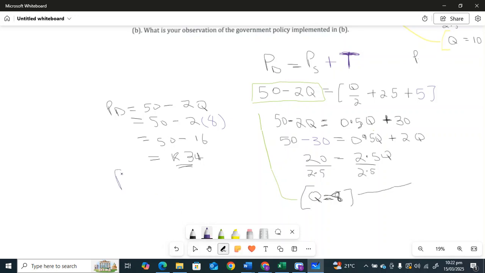Then for the supplier, PS, how much are they receiving? Equals Q over 2 plus 25. Okay, the original supply function. We put it back in the original supply function.